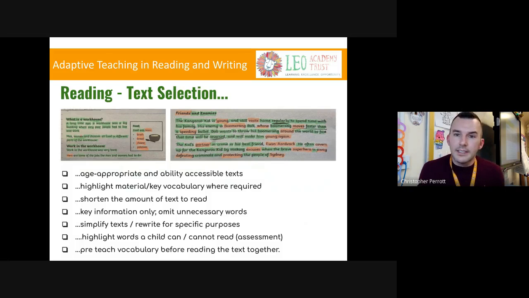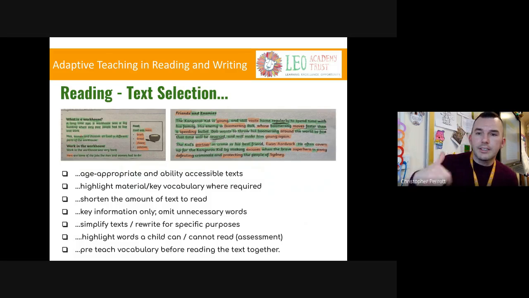It also allows me to say, right, when I'm modeling in front of the class, I'm going to make sure I use those words as much as possible to expose them to that familiarity as well. So it's a great way to aid with phonics, spelling, and to ensure children's fluency and pace improves as well.